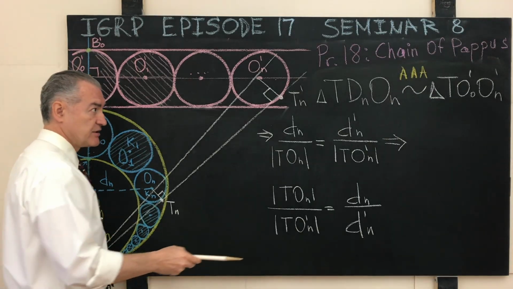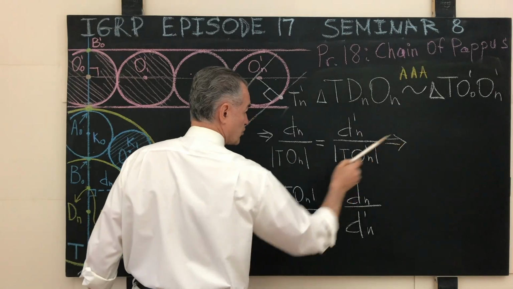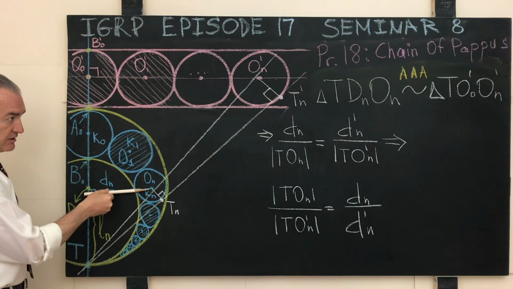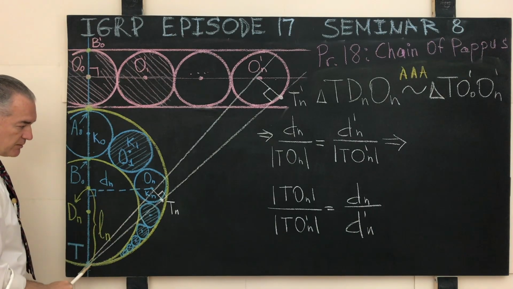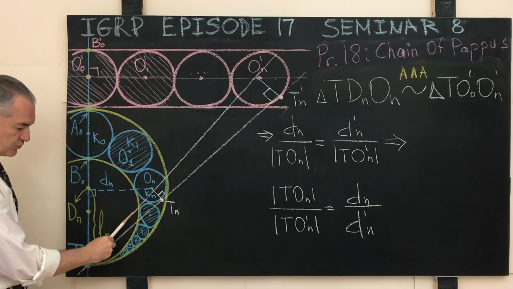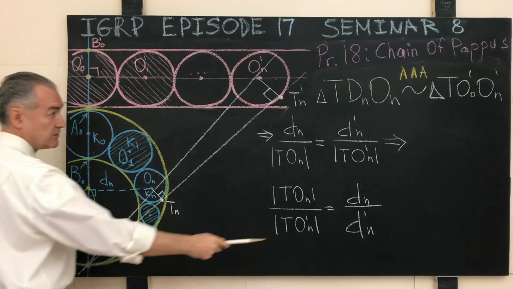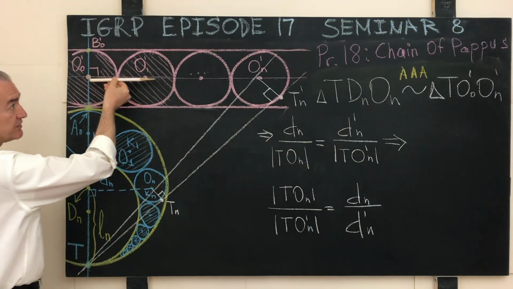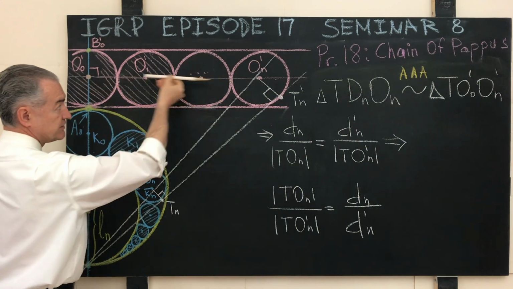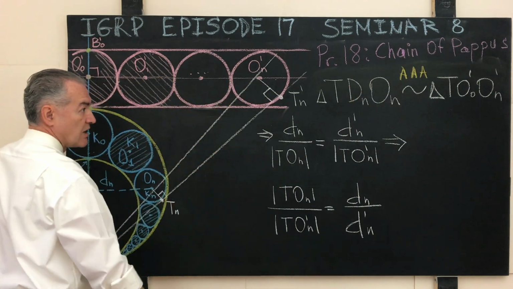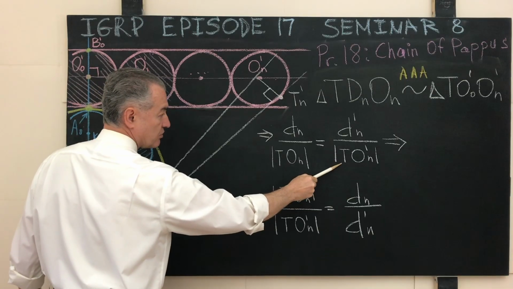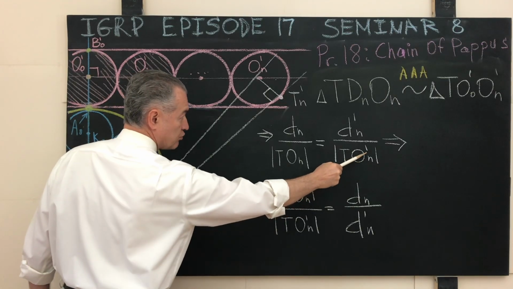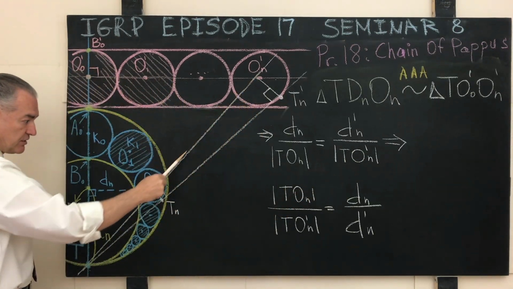So based on the similarity of these two triangles, we construct our first proportion. This distance d_n relates to the length of the hypotenuse of the first triangle, T O_n, as the side d'_n, this distance right here, which we computed just a few seconds ago, relates to the length of the hypotenuse of the larger triangle, the distance from the point T to the point O'_n.